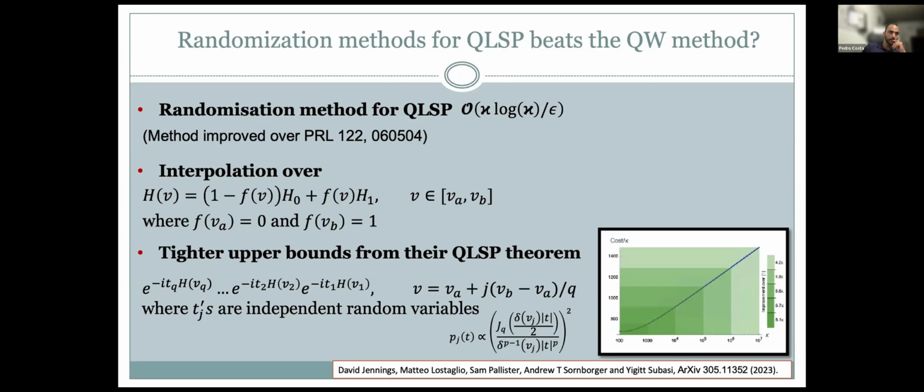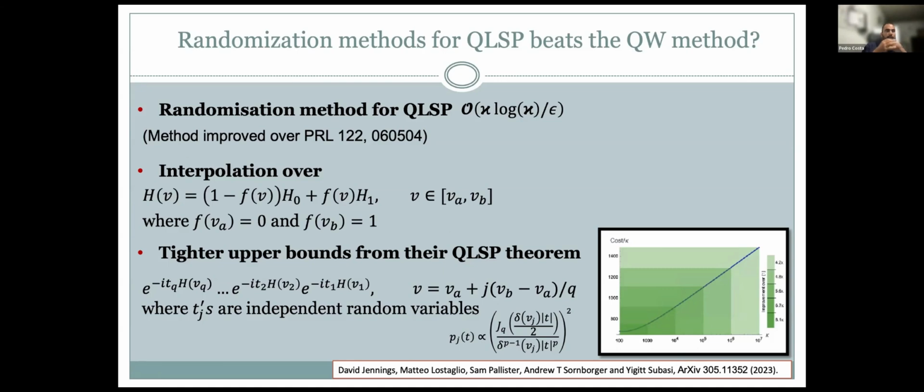Also, again sorry for that, the subscript j is missing here in the interpolation. The idea is that these T's are independent random variables following this probability distribution. And delta here is the gap as well, so it depends on the gap. We select the values of these T's in a way that tries to minimize the average of the total time.